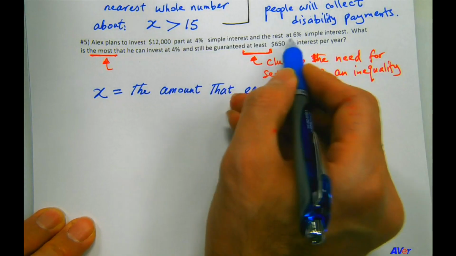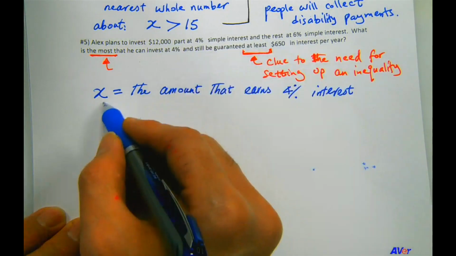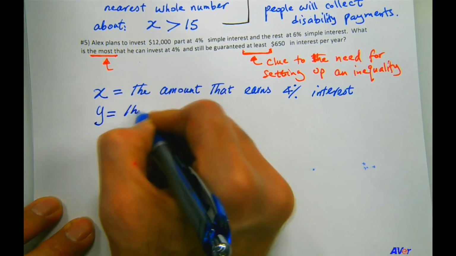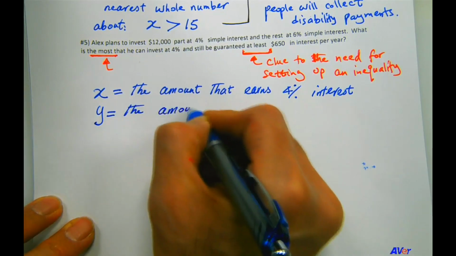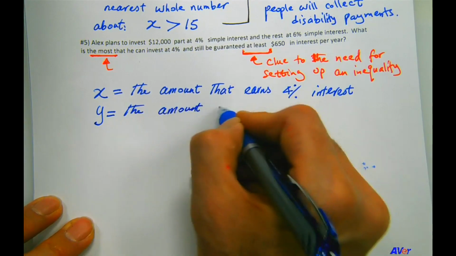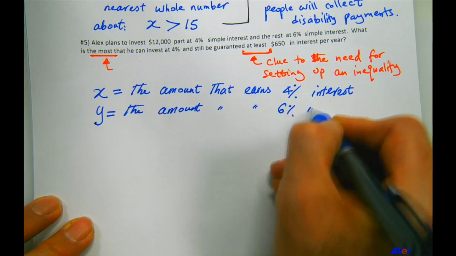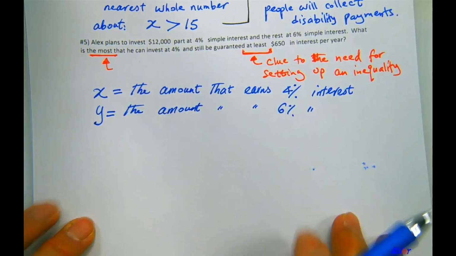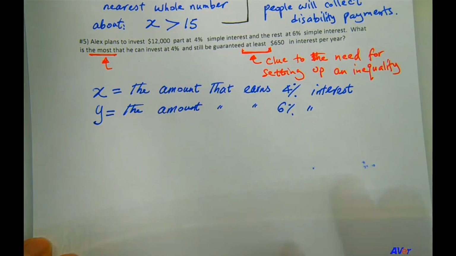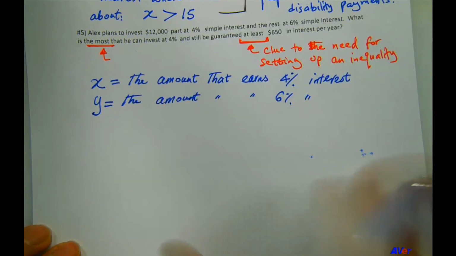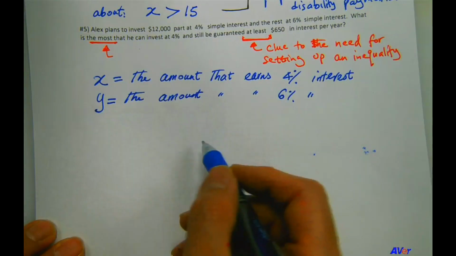Okay, let's set it up this way. So y is the amount that earns 6% interest, right? Let's start it that way because there are at least two different ways of starting this. I think you'll see in a minute why I chose y.